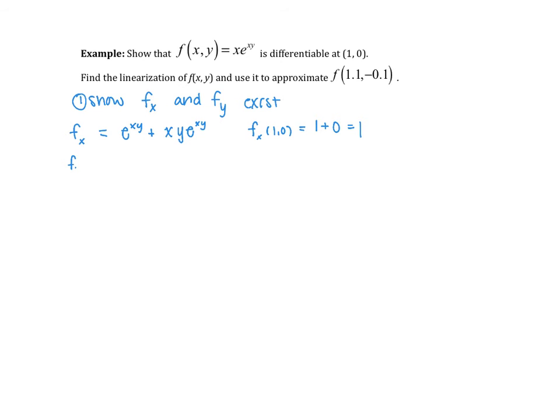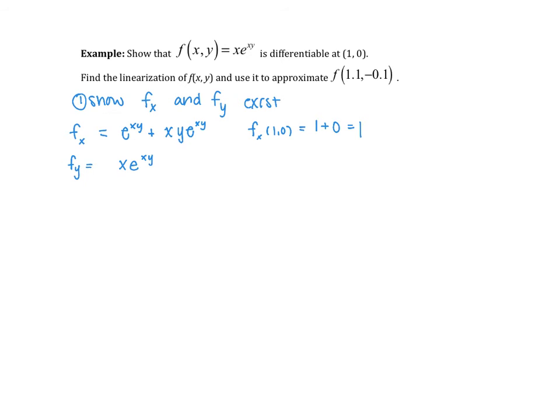And let's do the same thing for the partial derivative with respect to y. We do not need a product rule here, because x is held constant. So we would get x e to the xy times the chain rule.